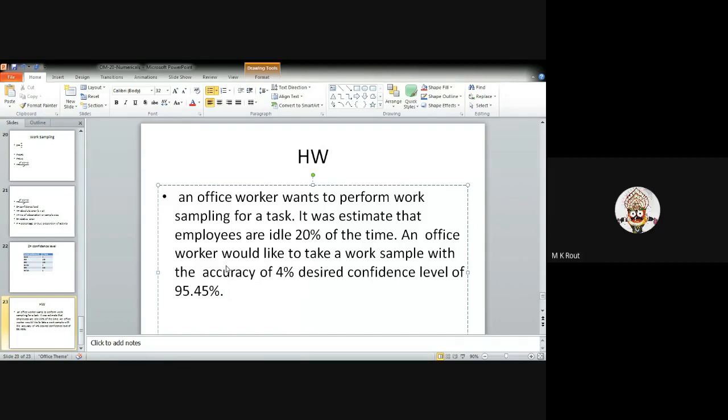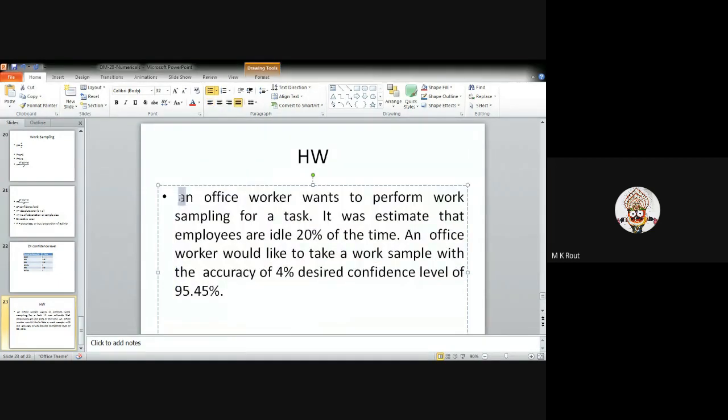So this one is for your homework. What do we have to find? You have to find the number of observations here.